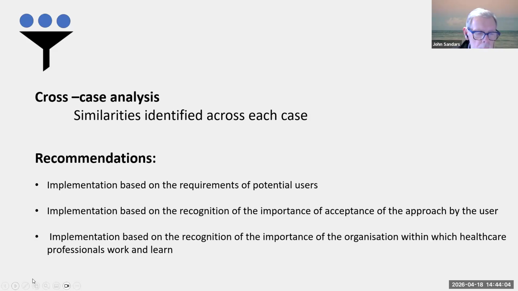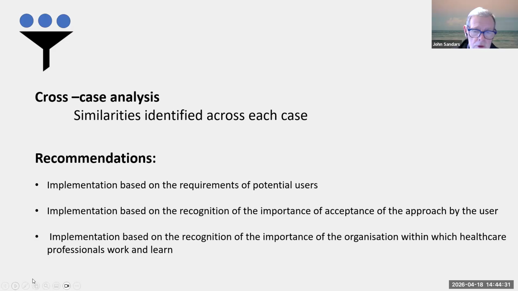such as if we're going to implement them in the future, they need to be based actually on the requirements of potential users. We just set them up, and some people didn't engage because it wasn't what they wanted. We also needed to make sure that they liked to use the approach. At that time, the majority of people were not using online networks, and they disliked using that.